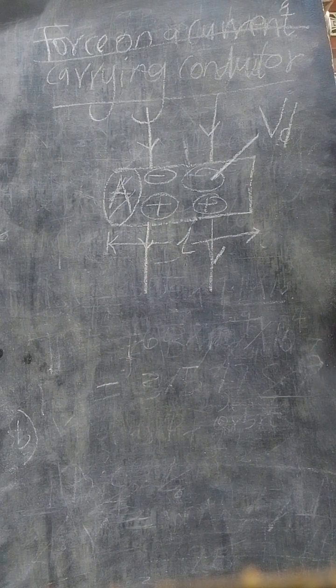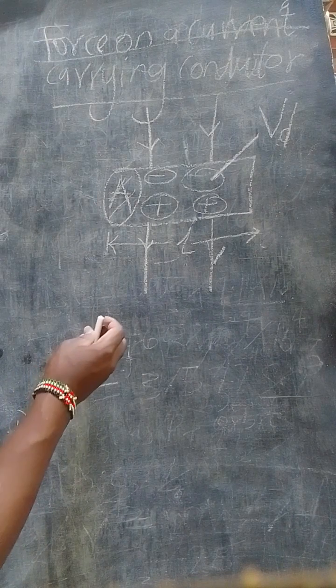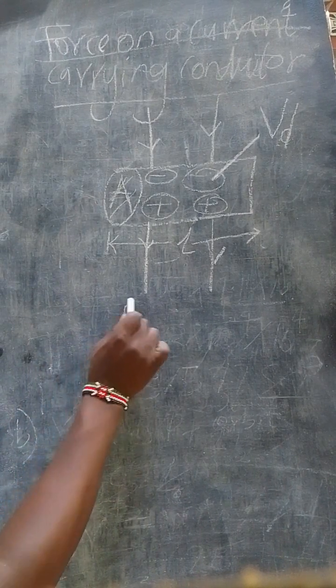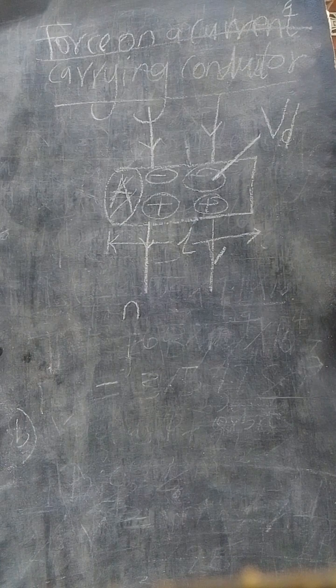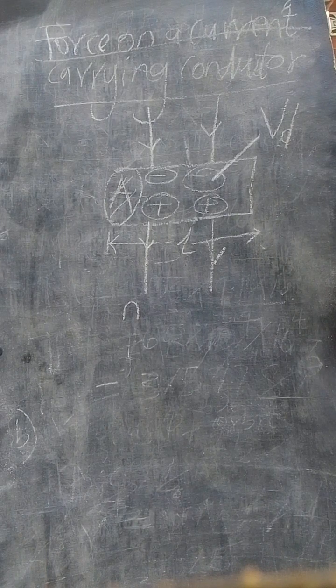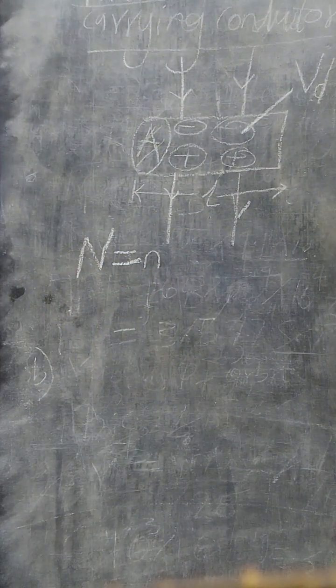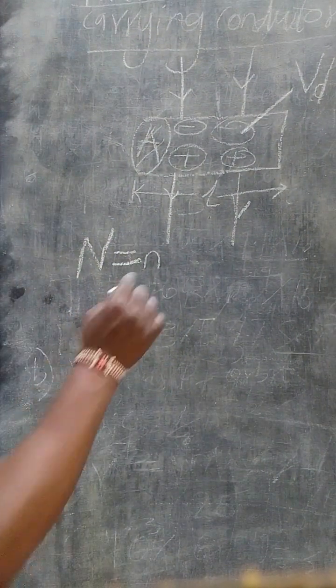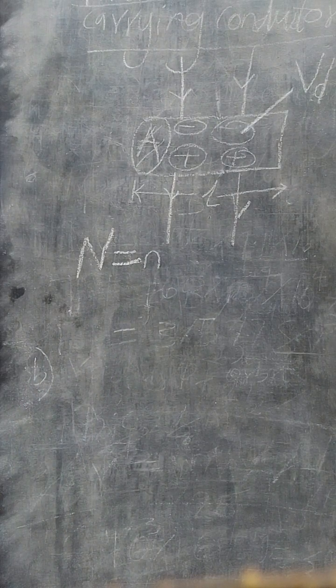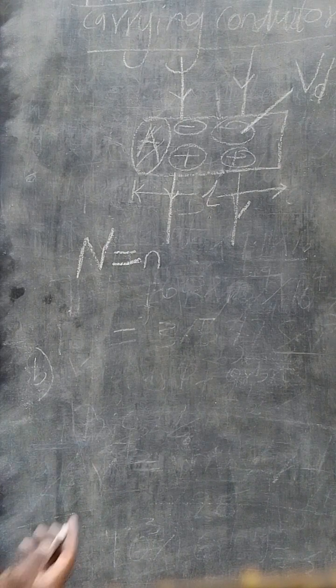Now, if small n is the number of conduction electrons per unit volume, and capital N is the total number of conduction charges. Remember, a small n represents one charge, and we've said there are so many in a conductor.